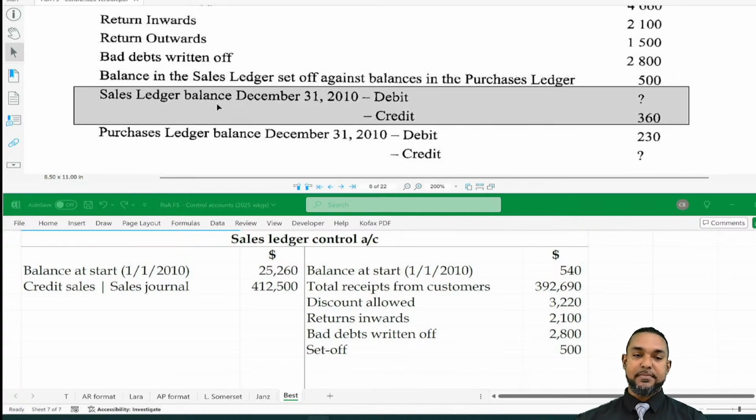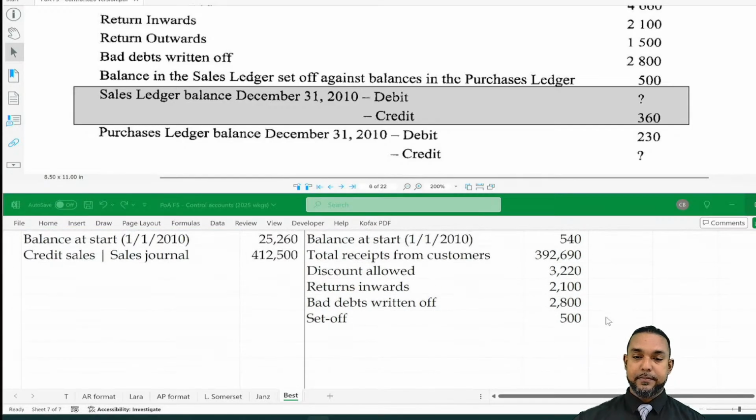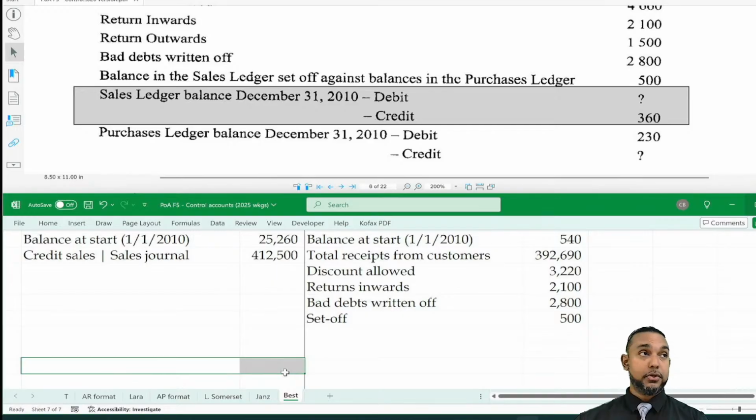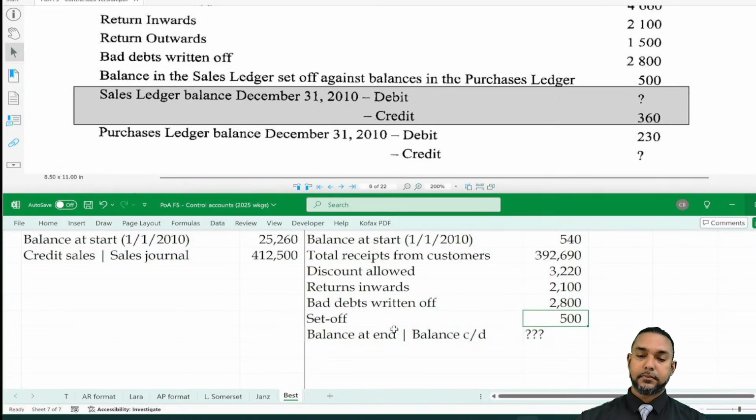Now we have some final information here: the sales ledger balance at the end of December 2010. We don't know what the debit balance is, but we have a closing credit balance. This is where it gets a little sticky. To have a closing debit balance brought down, it has to first be carried down from the opposite side. So we put balance carried down, which we don't know yet, because this balance, even though it is on the credit side, is brought down on the debit side.